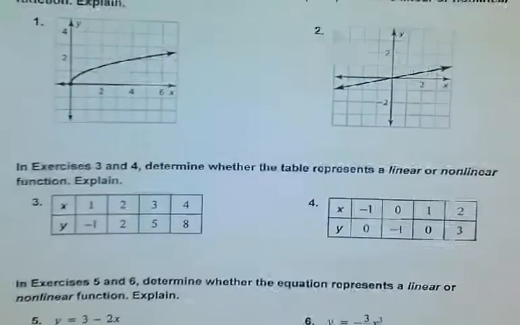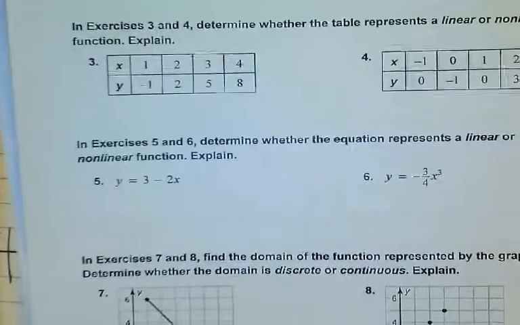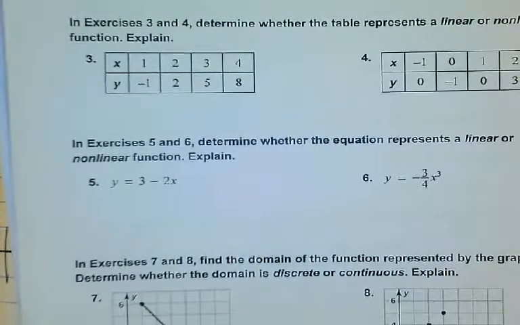All right, take another look at 5 and 6. Is this a straight line or no? No. Okay. What are the exponents of x and y? They're 1, right? There's no number there.